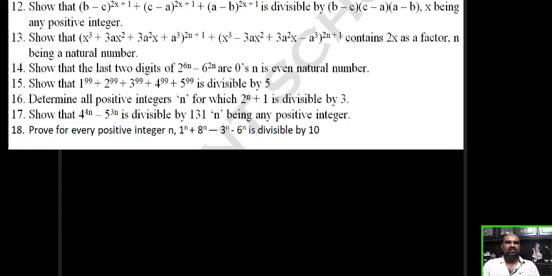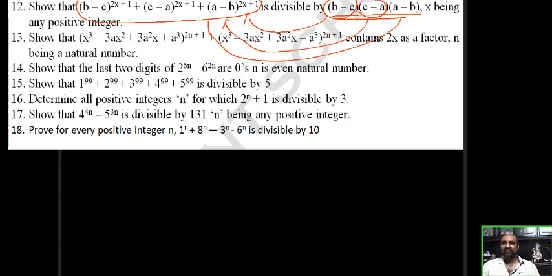We want to prove that this one is divisible by this product, or it is better to prove that this is one of the factors of this, and this is one of the factors of this. To prove this is one of the factors, I will take the polynomial in b only, f of b. I will find f of c equal to 0, then I will conclude that b minus c is one of the factors of that expression.